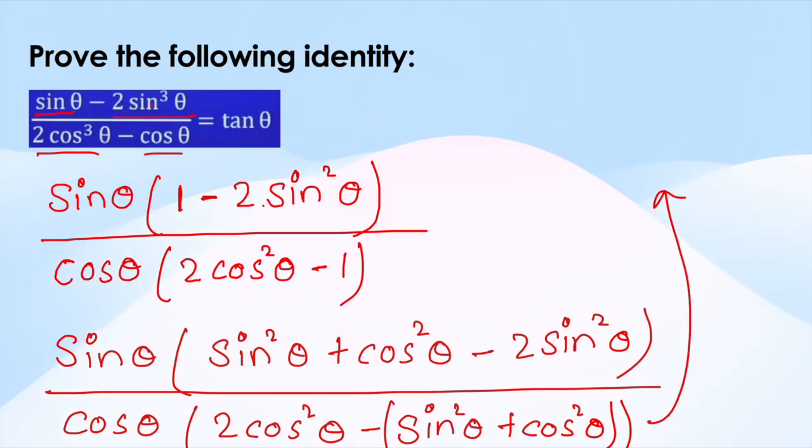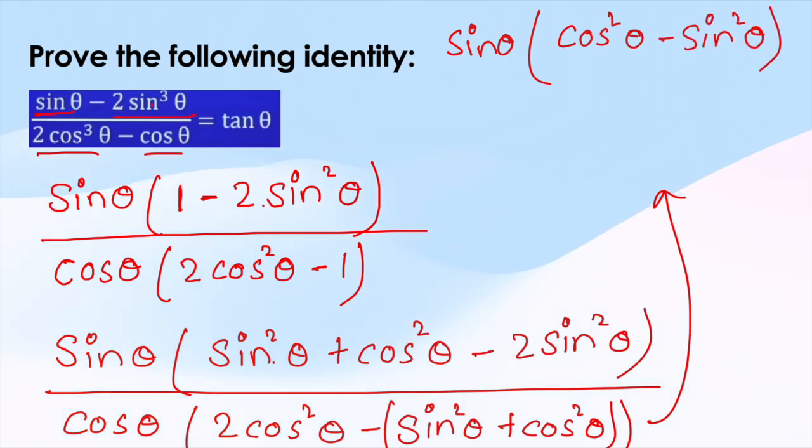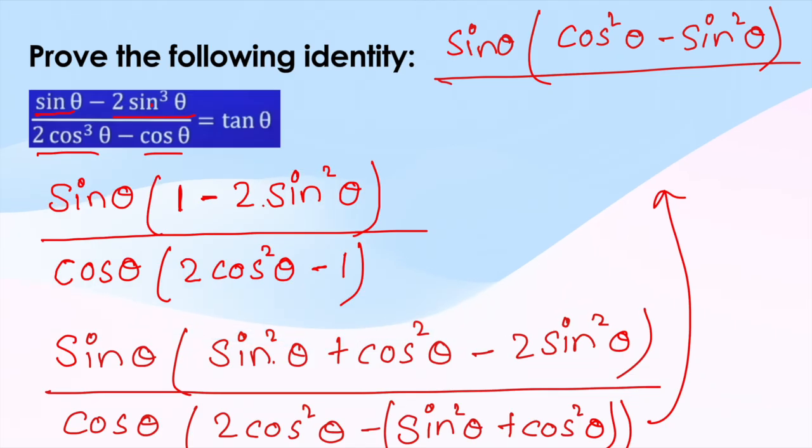Now what will happen? See, sine theta by sine theta will remain same. It will become cos square theta minus sine square theta. Hope this is clear. In the base, cos theta will remain same. Now subtract. 2 times cos square theta is there and minus cos square theta is there.